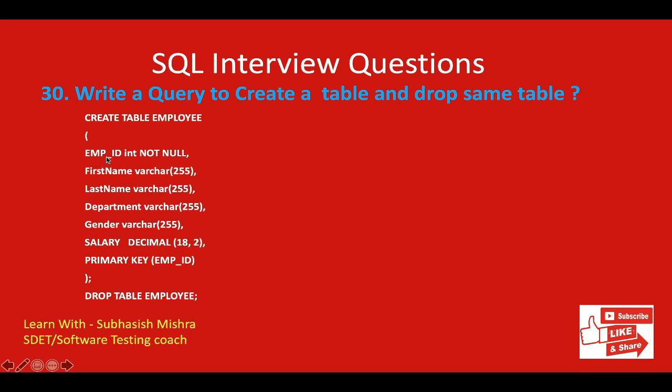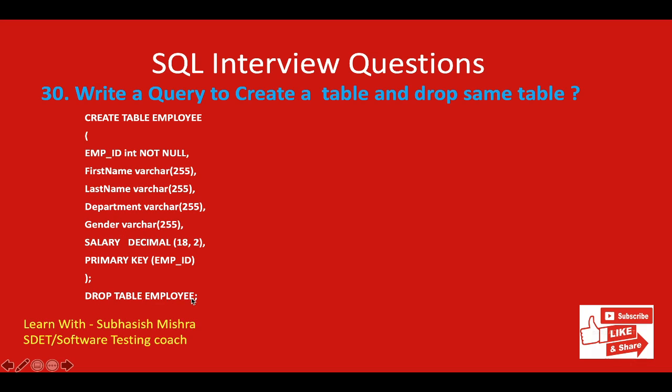Employee id we are telling it should be not null, and it is an integer. Similarly, first name is char 255, and last name, department and gender are the same, and salary is decimal. That's how you can create a table. To drop a table, you write drop table and the table name.